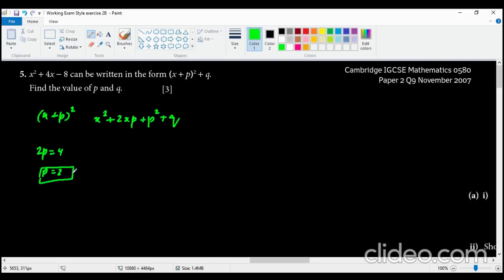Now substituting this 2 into the equation, p square is going to be 2 square. That means 2 square plus q is going to be negative 8. That means q equals minus 8 minus 4. The value of q is going to be negative 12. So both the values, p and q, are found.